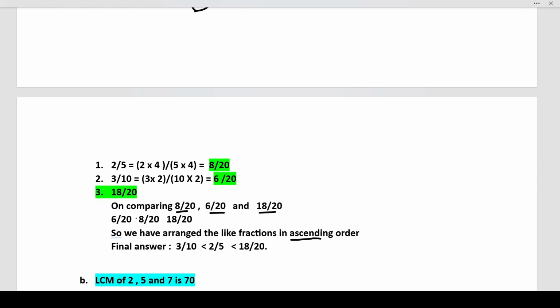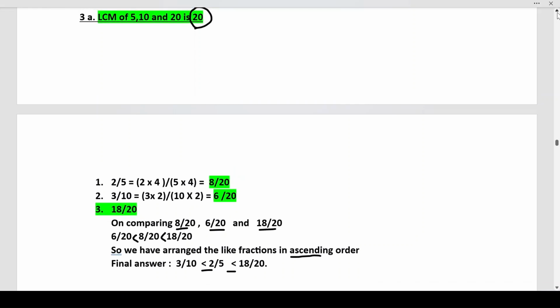So our signs will be placed 6 by 20, then 8 by 20. This is how you will place the signs. Okay, and then you will write the final answer with original fractions. What is the original fraction of 6 by 20? It is 3 by 10. So 3 by 10 is less than 2 by 5, which is 8 by 20, and less than 18 by 20. Okay, next.